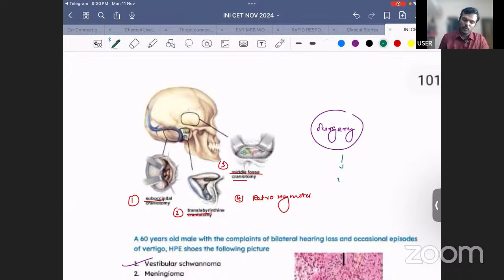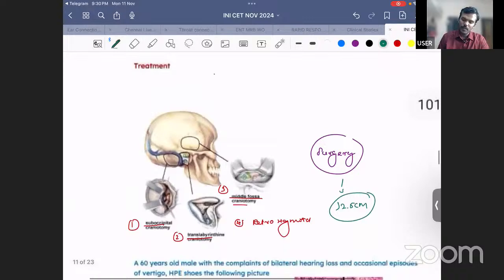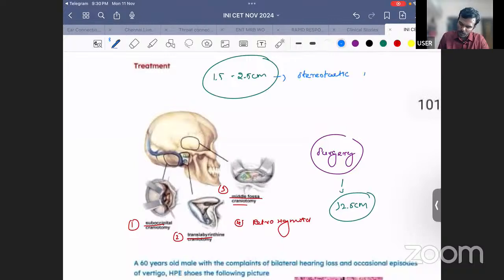If the tumor is 1.5 to 2.5 centimeter, you should try stereotactic radiotherapy.